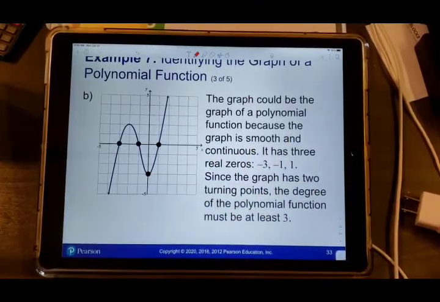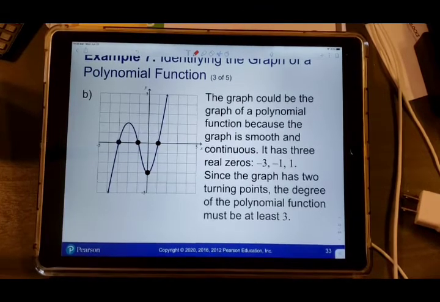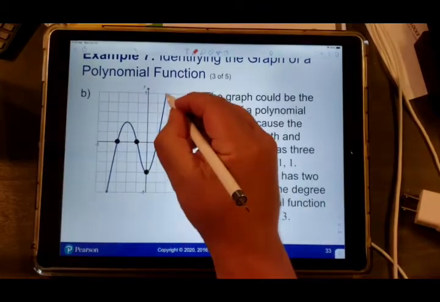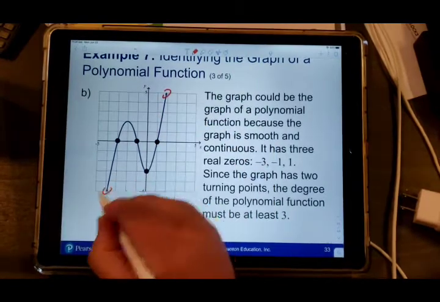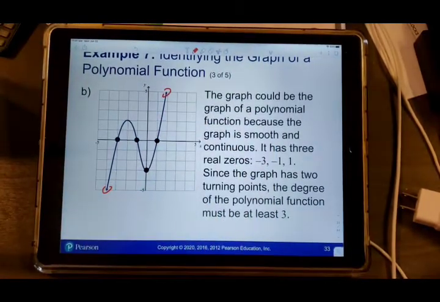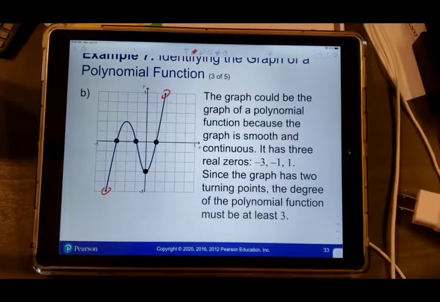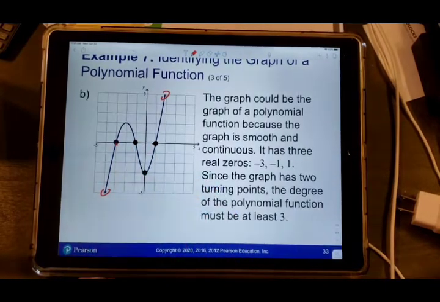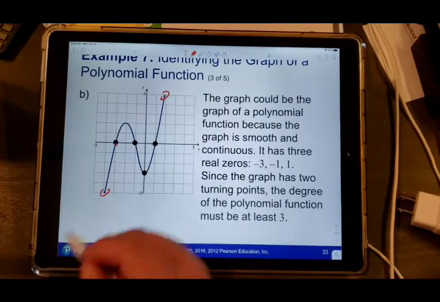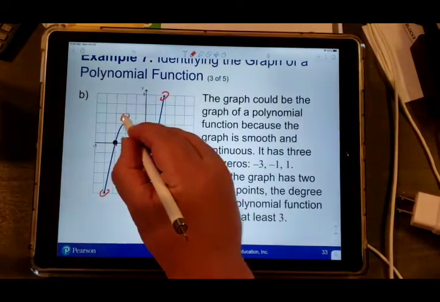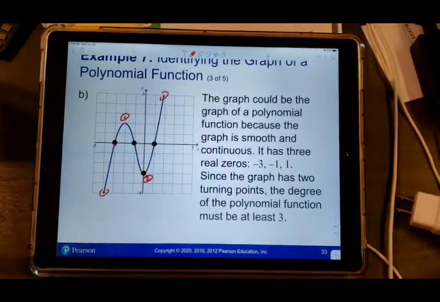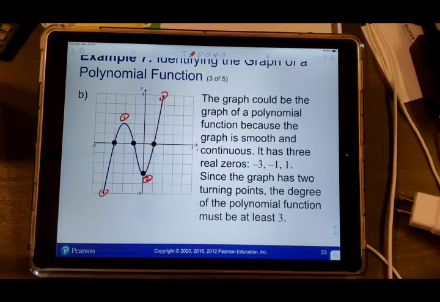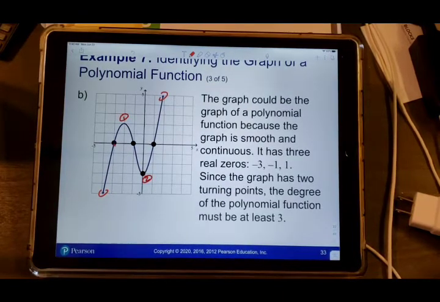Here we go. This is the polynomial. Best guess, it's a polynomial of degree 3. That suggests an odd function because it's like x cubed. 3 zeros is the number of zeros you might have for degree 3, but what we were just talking about, 2 turning points, is also an indication that it might be degree 3.